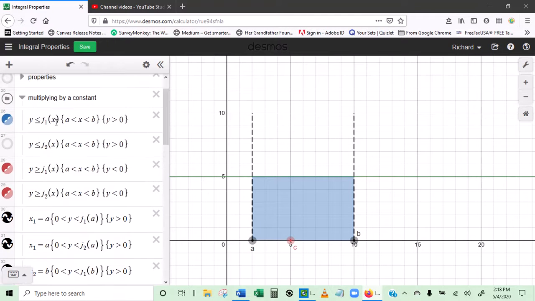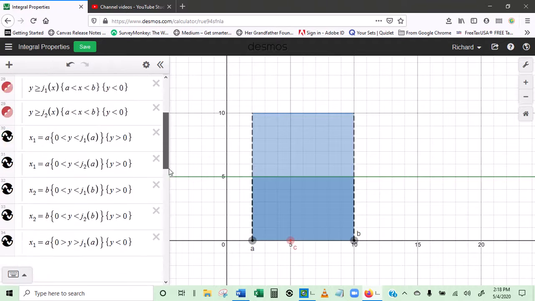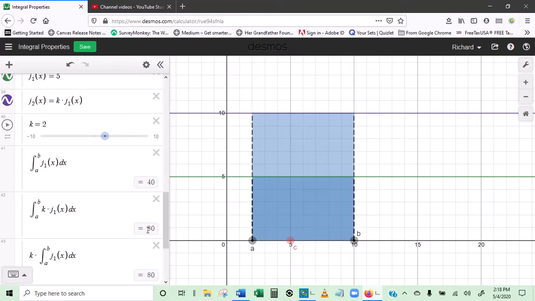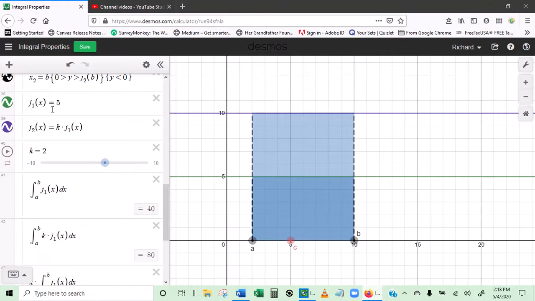Let me go back up and show this again so we can see the multiplied function. Here it is. We've multiplied everything here by 2, and instead of the area being 40, we get 80, which makes sense because we're multiplying by 2 inside here, right? 2 times 5 is 10, so it's 10 high, and still 8 along, so the area is 80.